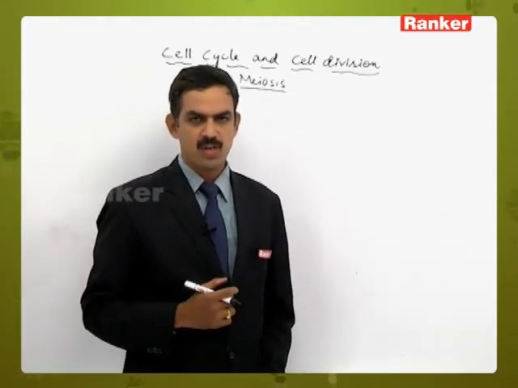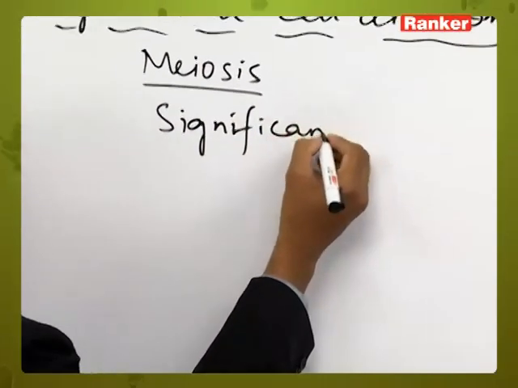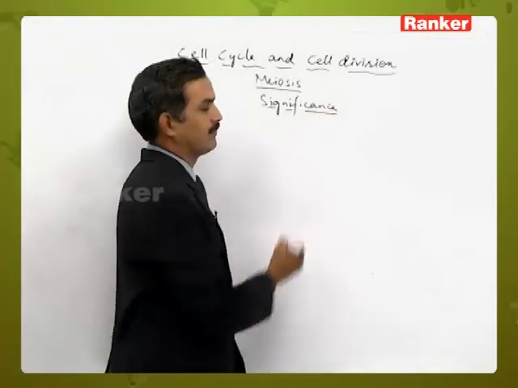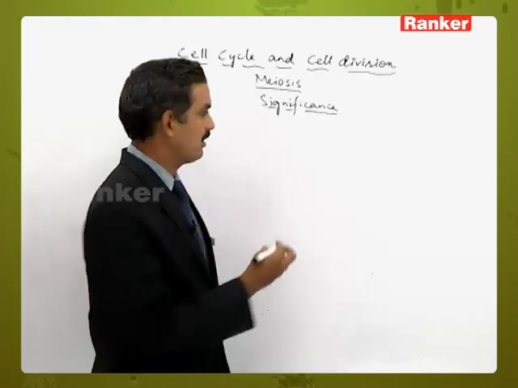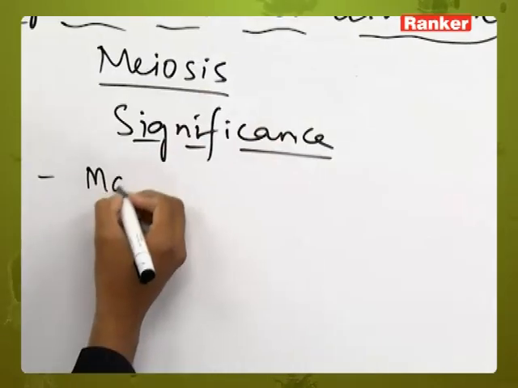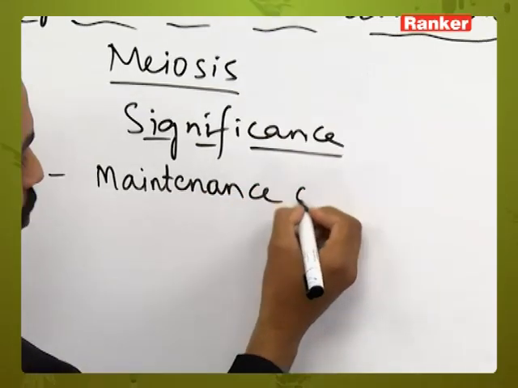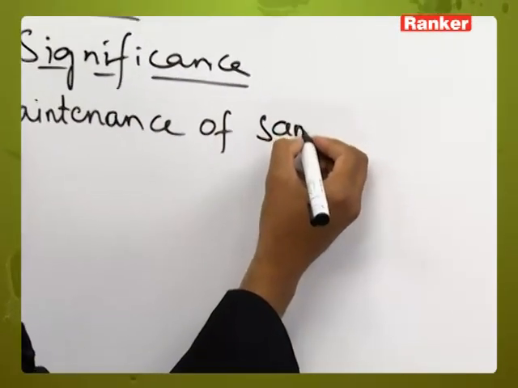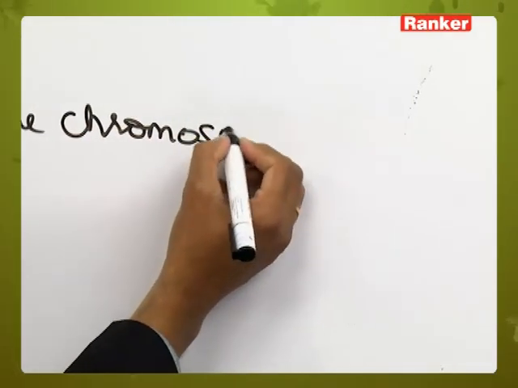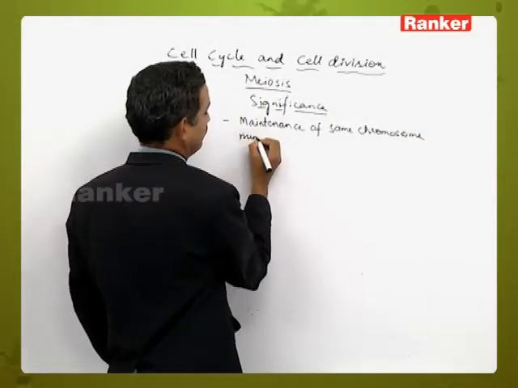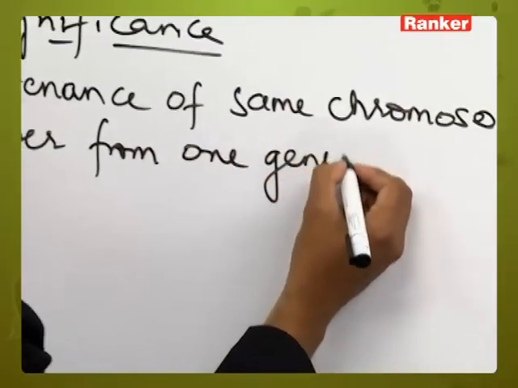Then the significance of meiosis. It is useful for maintenance of the same chromosome number from one generation to another generation.